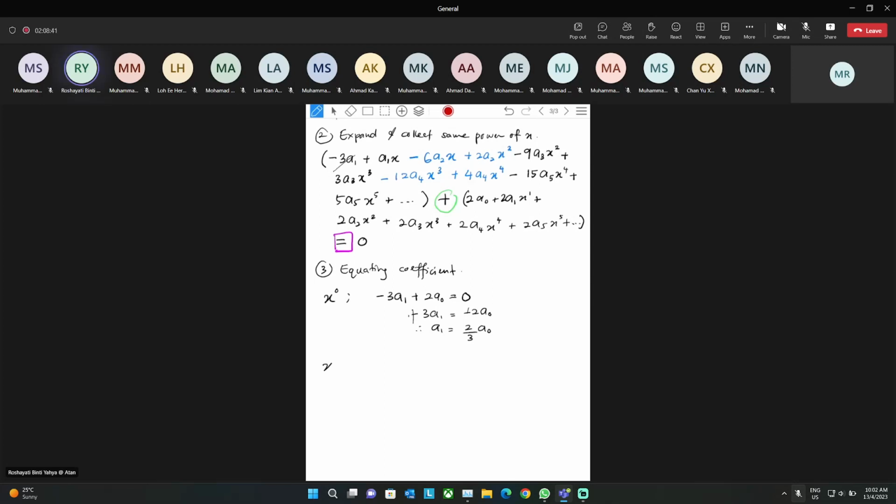Okay, so we go x to the power of 1. Now we have cancelled here. Okay, then x 1 a1, plus a1 minus 6a2 because this is also x1.